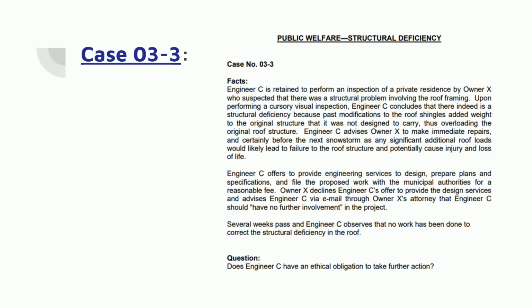Engineer C advises owner X to make immediate repairs, and certainly before the next snowstorm, as the significant additional roof load would likely lead to failure of the roof structure and potentially cause injury and loss of life. Engineer C offers to provide engineering services to design, prepare plans and specifications, and to file the appropriate paperwork to the municipal authorities and so on for a reasonable fee.